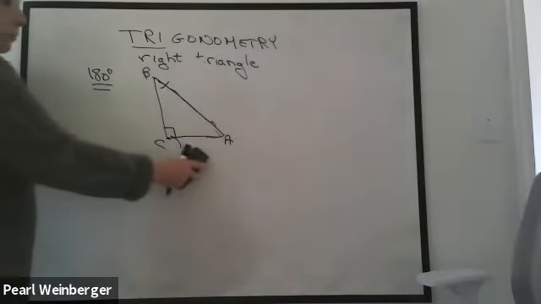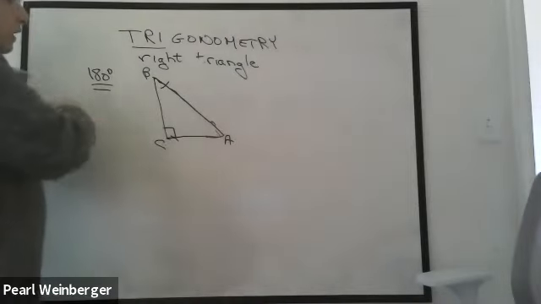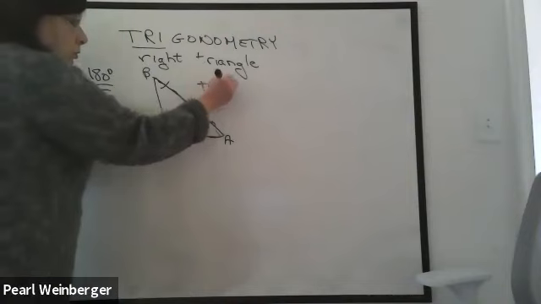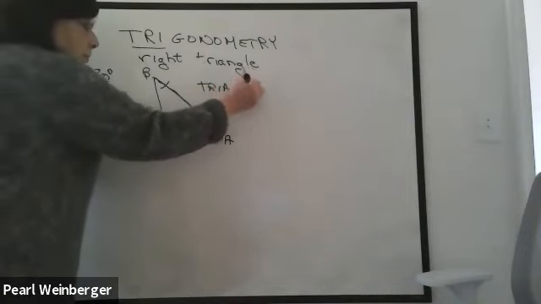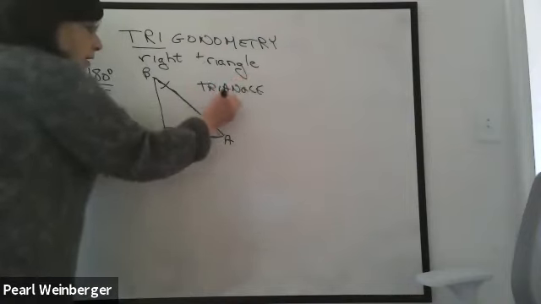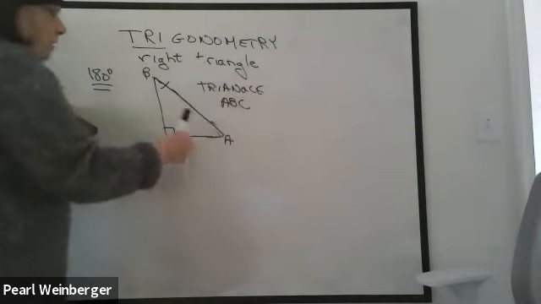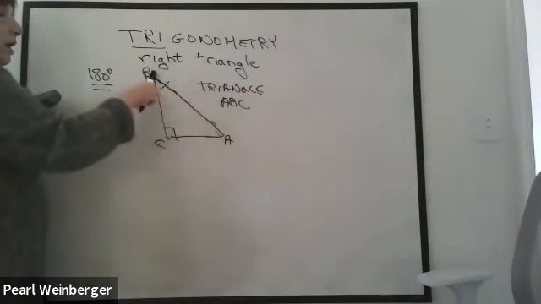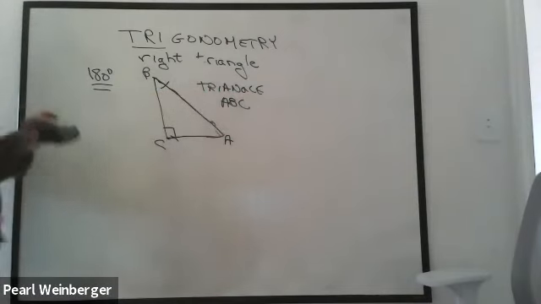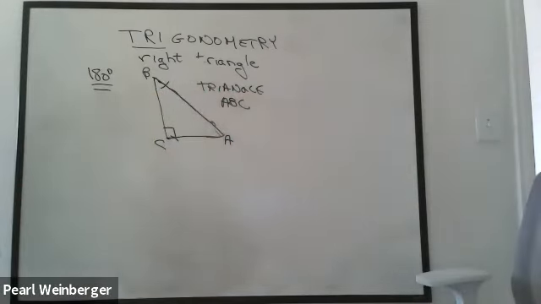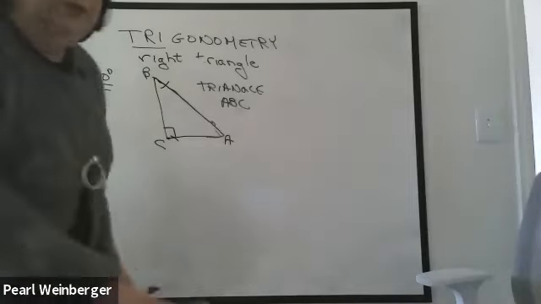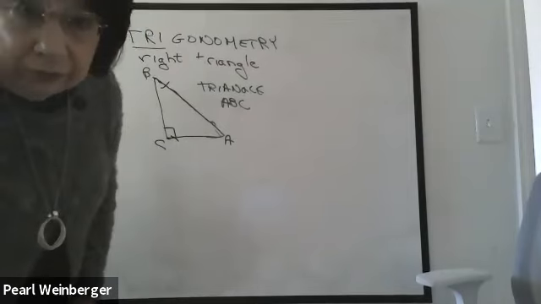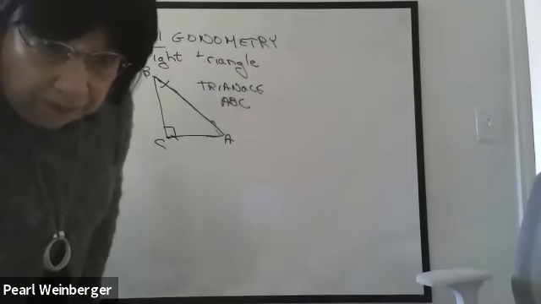First of all, we call this triangle, its name is ABC. We use capital letters at each of the angles, and if we want to give the name of the triangle, it's going to be using all those capital letters.